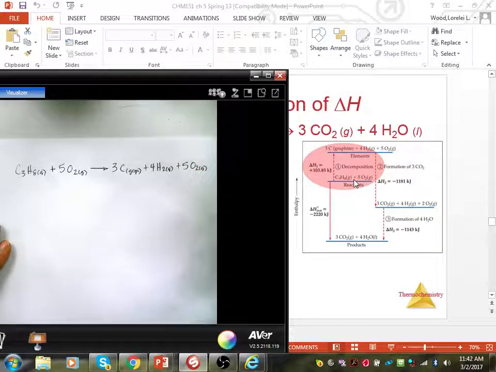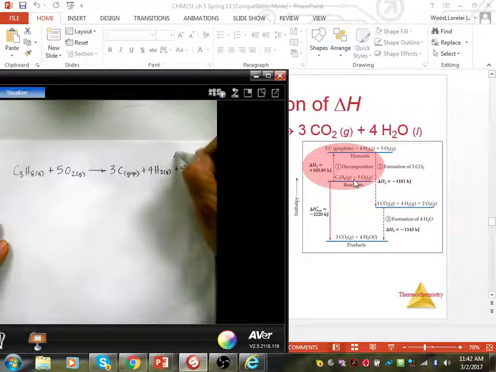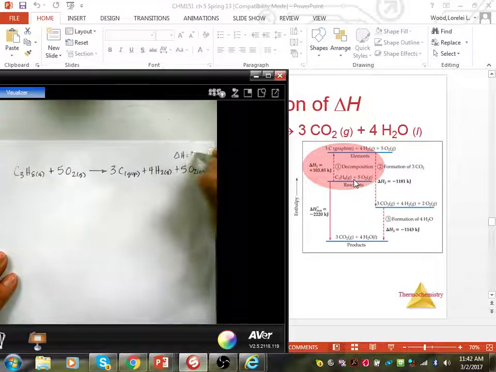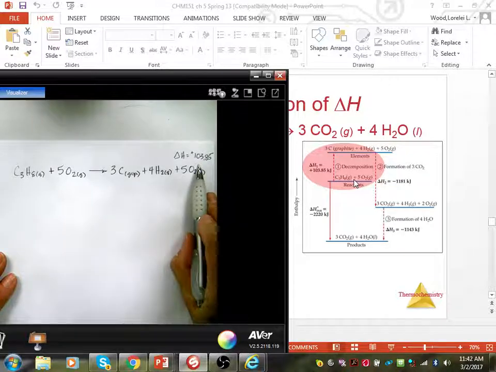Now, if I look at the enthalpy of formation there, unfortunately I'm running out of paper, so I'm going to put the enthalpy of formation for this stuff up here. We're looking at just the area of this energy diagram that's highlighted with the pink bubble. What's the enthalpy of formation there? 103.85 kilojoules. All right, so I'm going to put that up here, which is a plus 103.85.